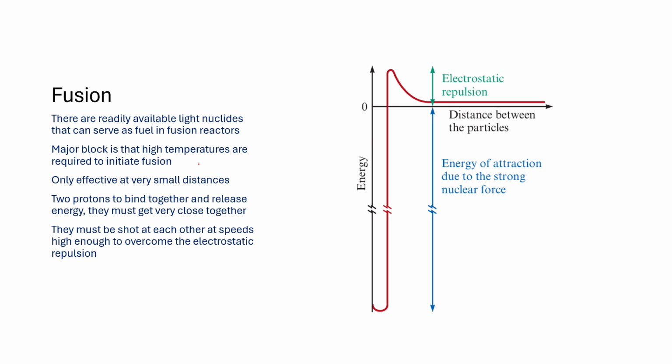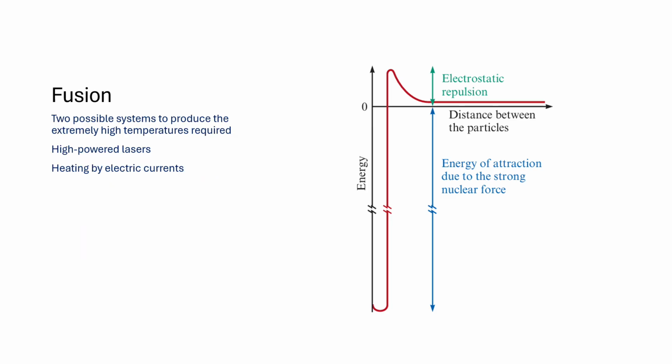They must be shot at each other at speeds high enough to overcome the electrostatic repulsion. There are two possible systems we can use to produce the extremely high temperatures required: either high powered lasers or heating via electrical currents.